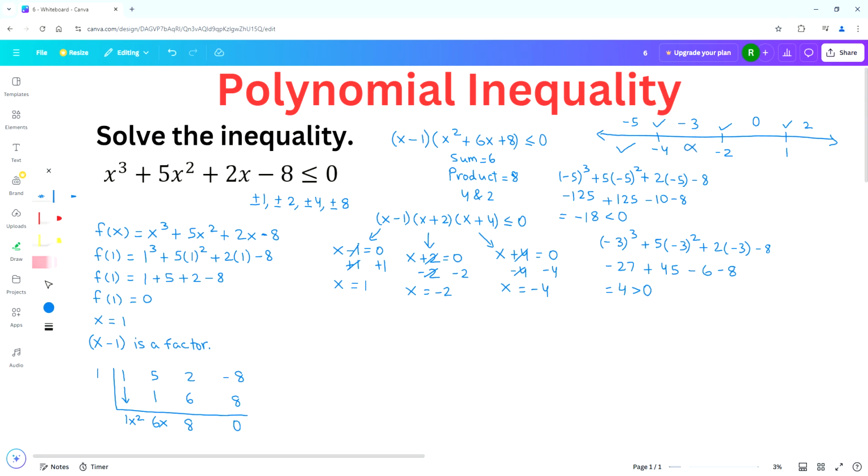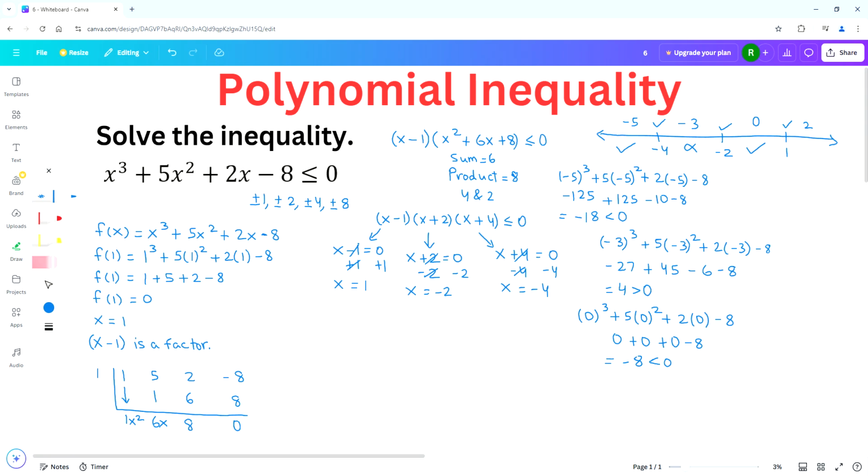Next, we can use the test value 0. I get -8, which is less than 0. Therefore, the inequality is satisfied in the interval from -2 to +1.